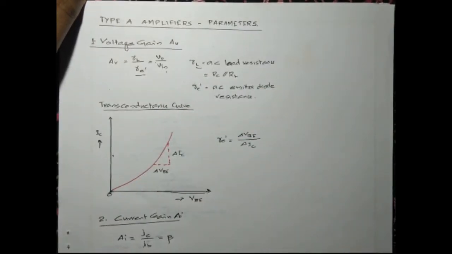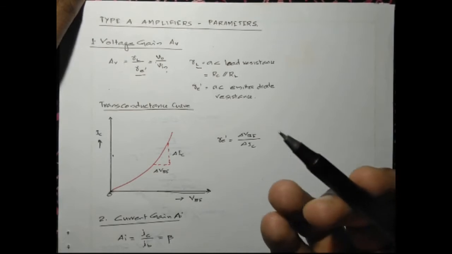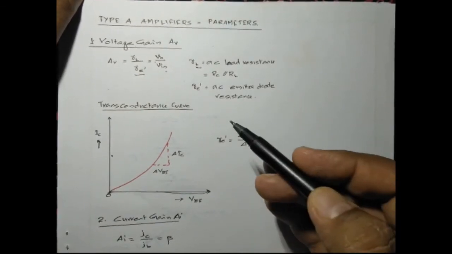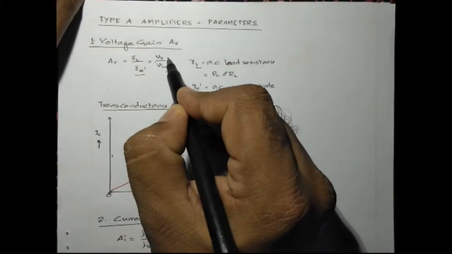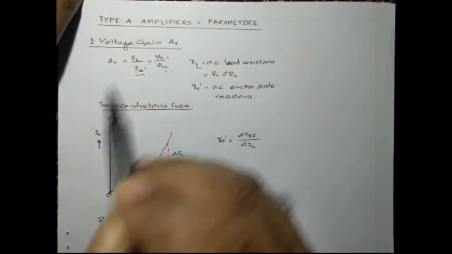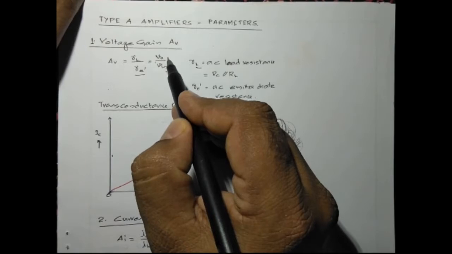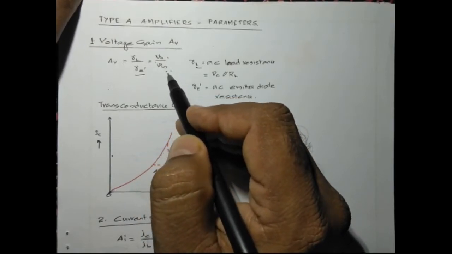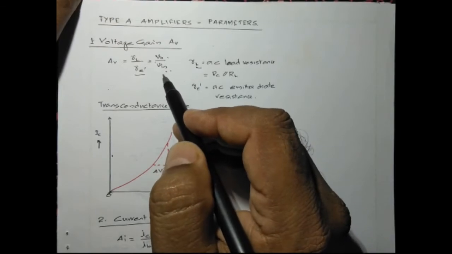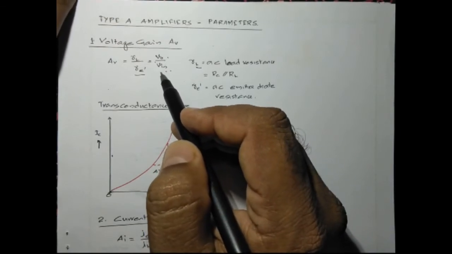We know that the voltage gain of an amplifier is defined as the ratio of the AC output voltage to the AC input voltage, that is Vo by Vin, where Vo is the AC output voltage and Vin is the AC input voltage. We have already derived an equation for this voltage gain in common emitter configuration.